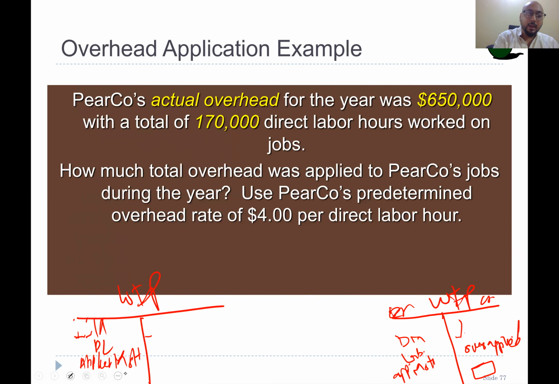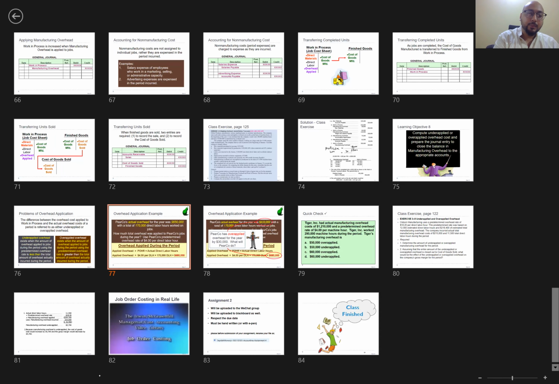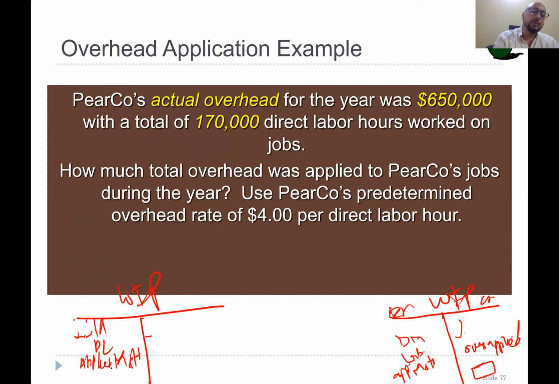We write under applied here. So you add on the debit side the under applied amount.